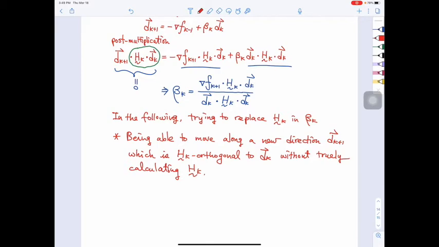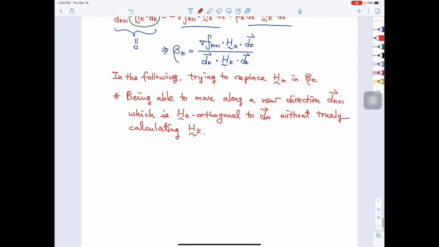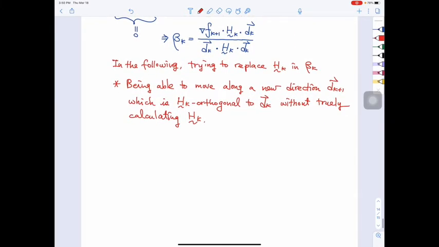Otherwise, why do we need to derive so much math? So please understand why this method is being derived in this way.